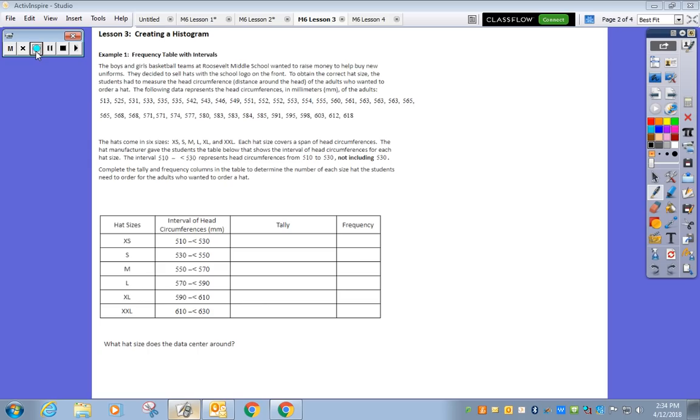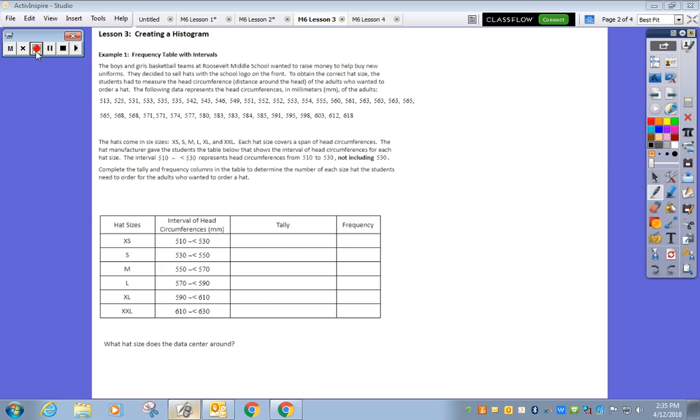The following data represents the head circumferences in millimeters of the adults. The hats come in 6 sizes: extra small, small, medium, large, extra large, and extra, extra large. Each hat size covers a span of head circumferences. The hat manufacturer gave the students the table below that shows the interval of head circumferences for each hat size.